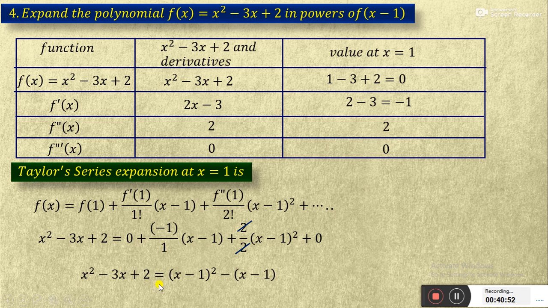Therefore the expansion of x square minus 3x plus 2 is minus of x minus 1 plus x minus 1 whole square. So I write it as x minus 1 whole square minus of x minus 1. This is the expansion for x square minus 3x plus 2.